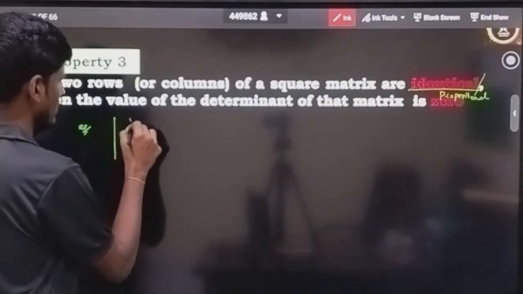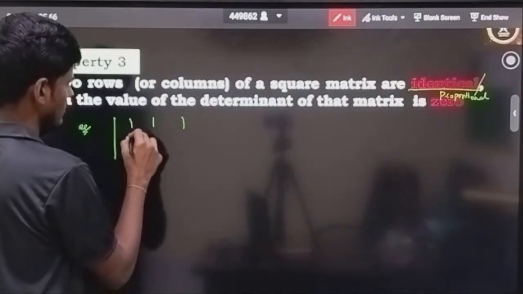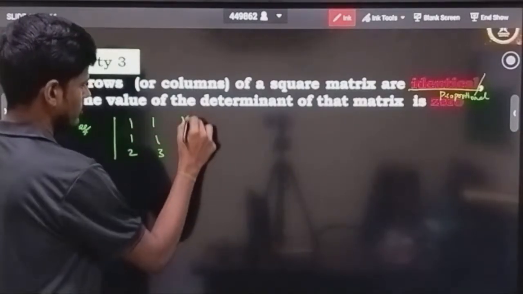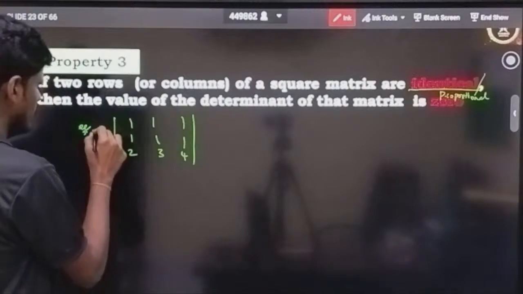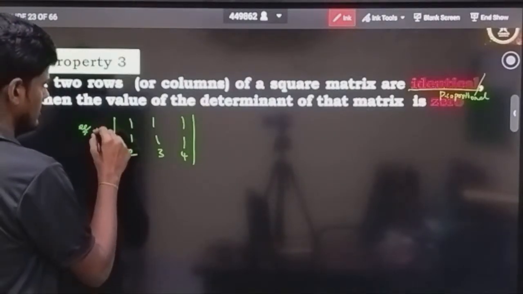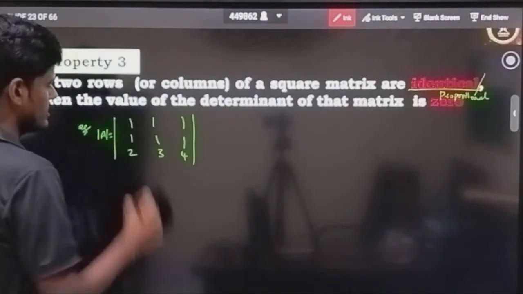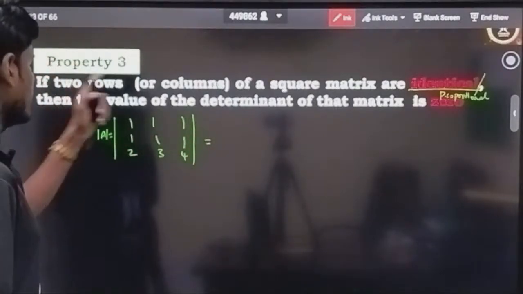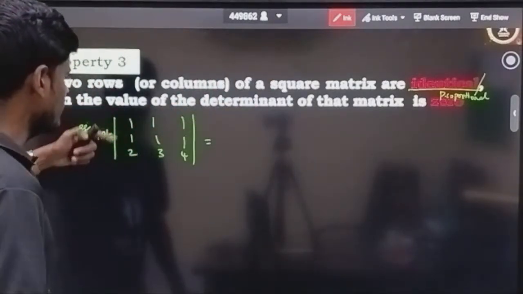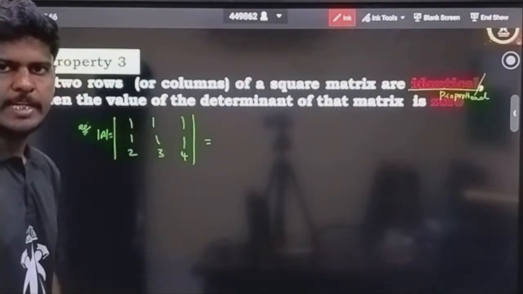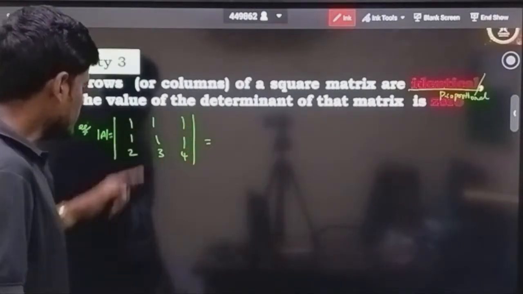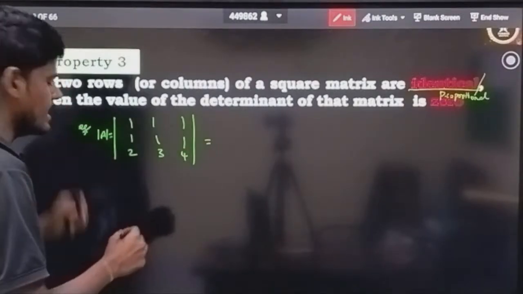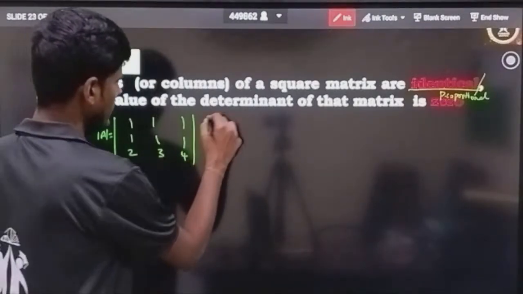Determinant of 1, 1, 1, 1, 1, 1, 2, 3, 4. Let's take this as the determinant of A matrix. Now what is the expansion of this? Any two rows or columns becoming identical, that means here R1 and R2 are identical. When we expand, we can do it by row 3.